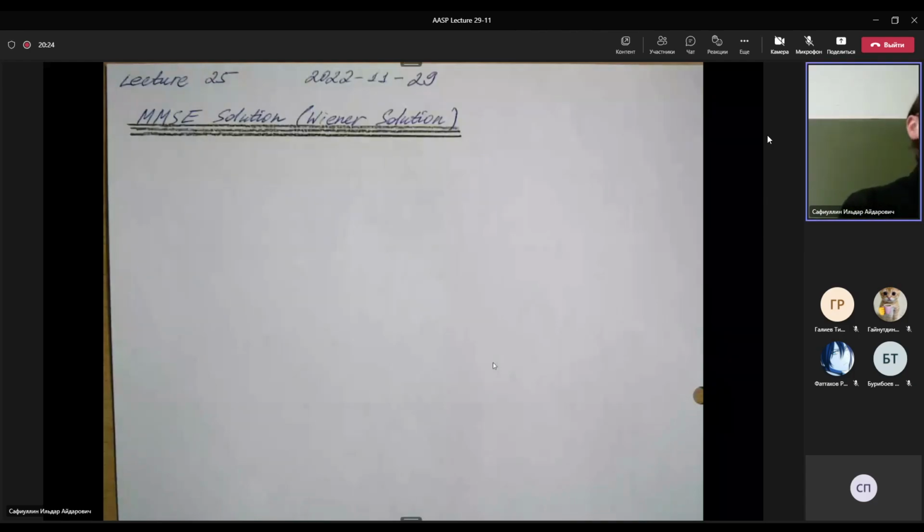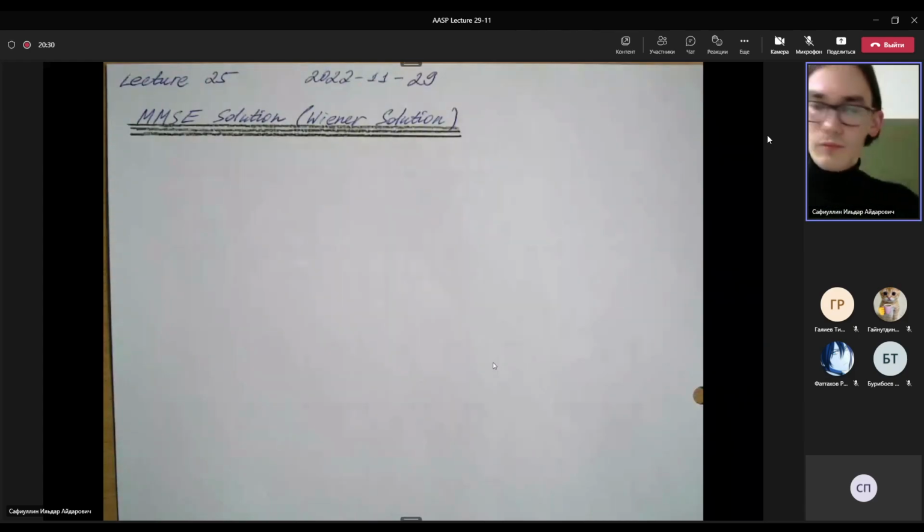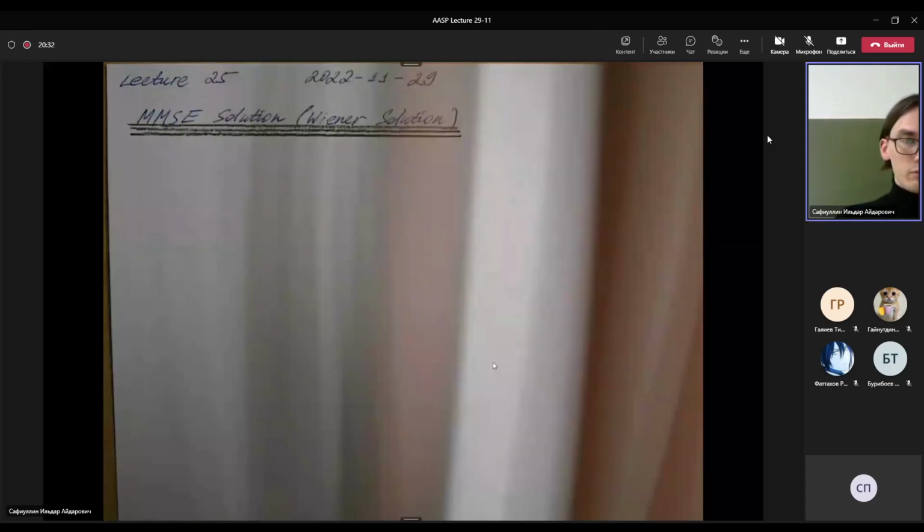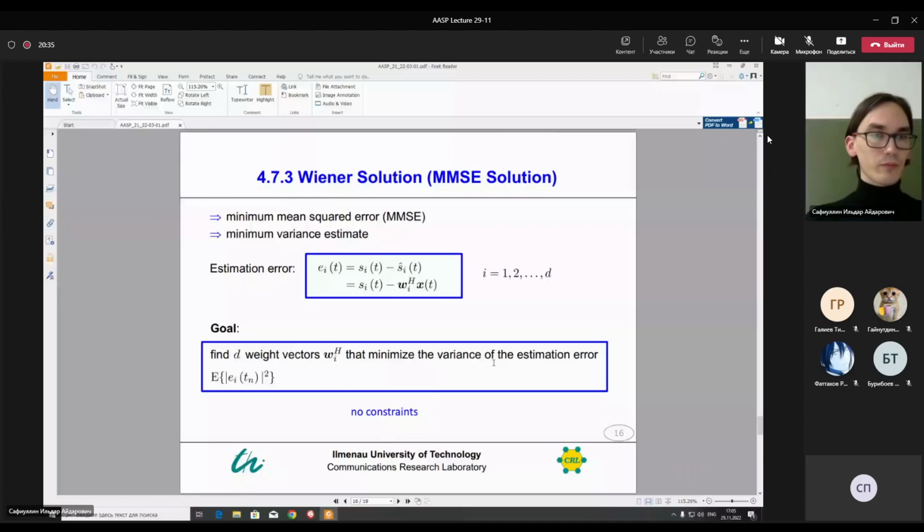We use the same minimization problem here as for MVDR, but without constraints. You can see we use this minimum mean squared error, or we can say that we minimize the variance of the estimation. Here we have the same estimation error as before, and our goal is to find D weight vectors omega_i Hermitian that minimize the variance of the estimation error.